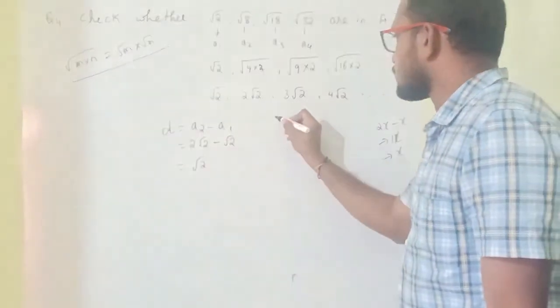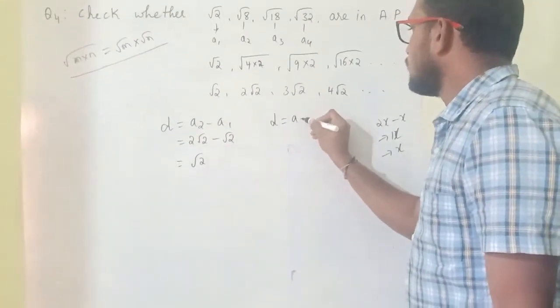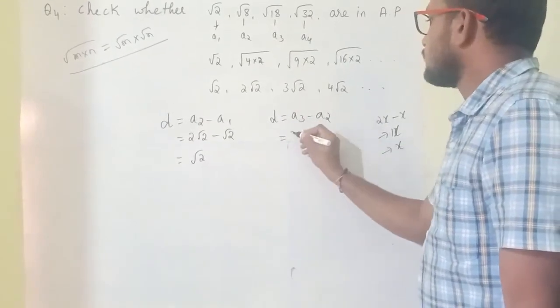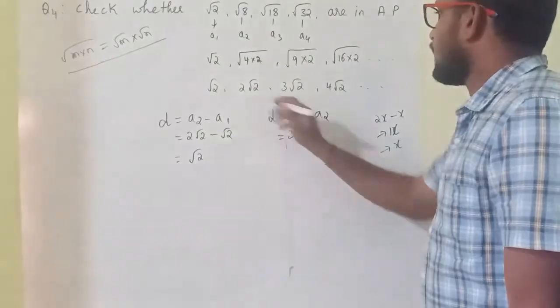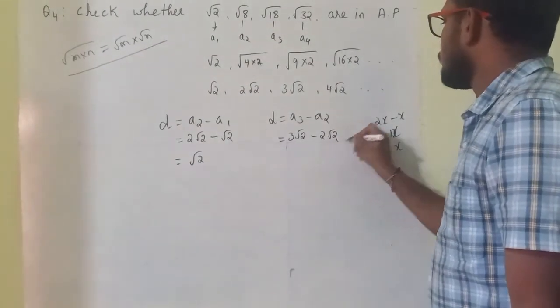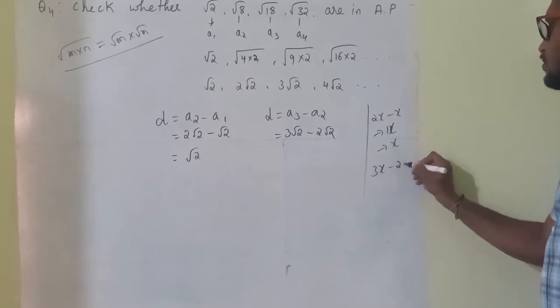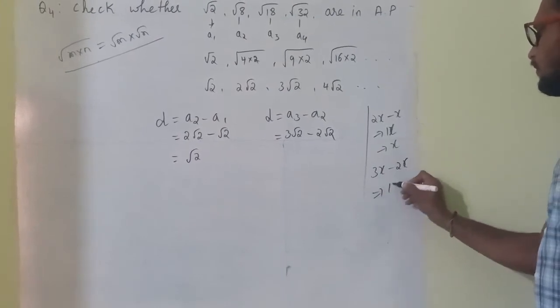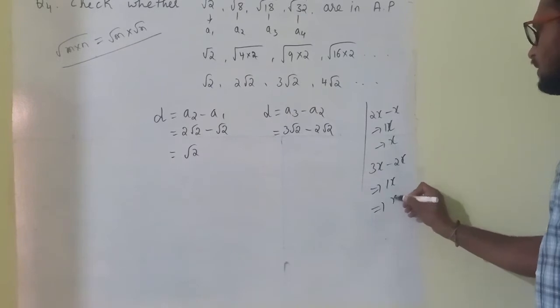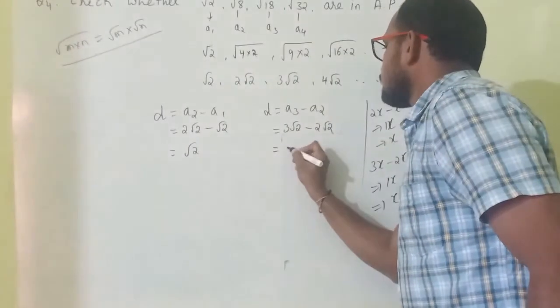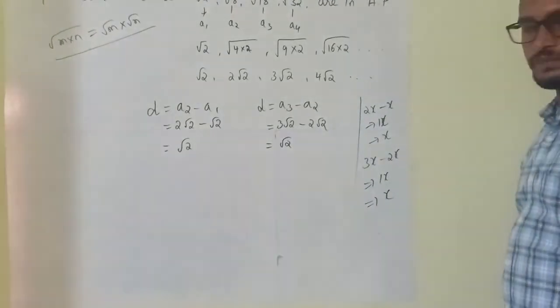I'll find one more difference. D is equal to A3 minus A2. What is A3 here? 3 root 2 minus 2 root 2. Same idea: 3x minus 2x is again 1x, or simply x. When you subtract 2 root 2 from 3 root 2, the answer is just root 2.